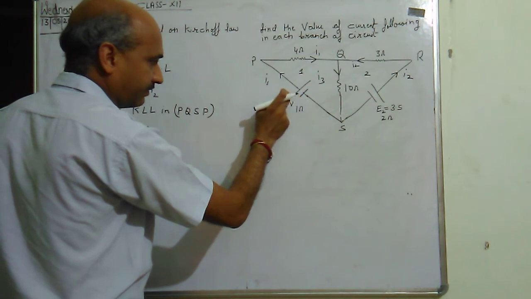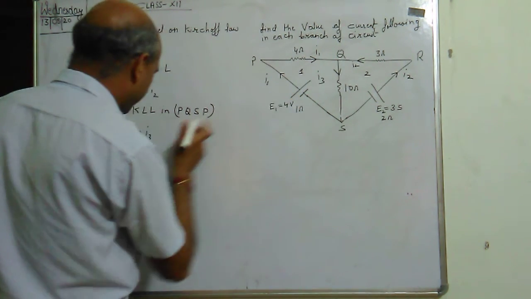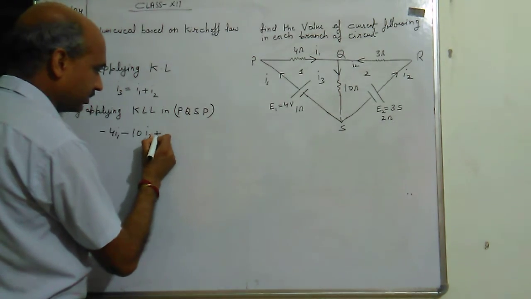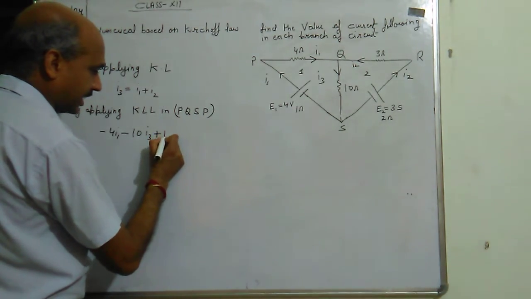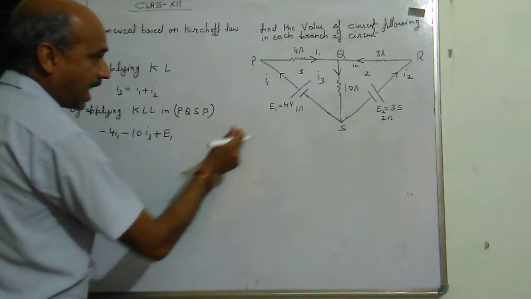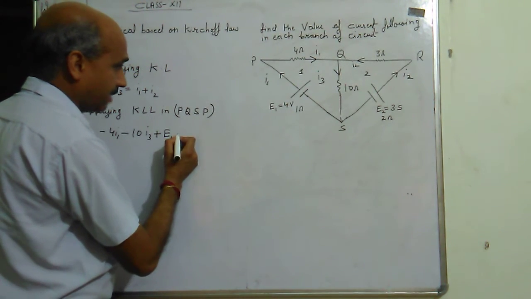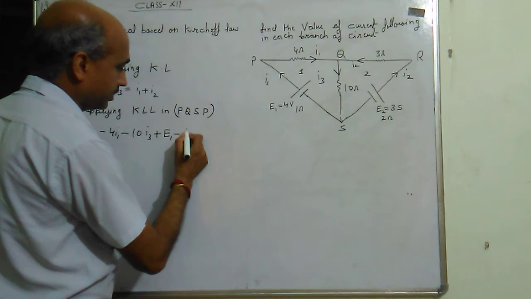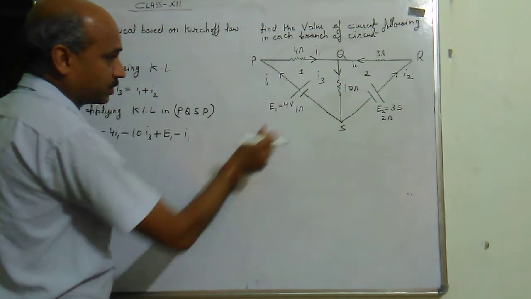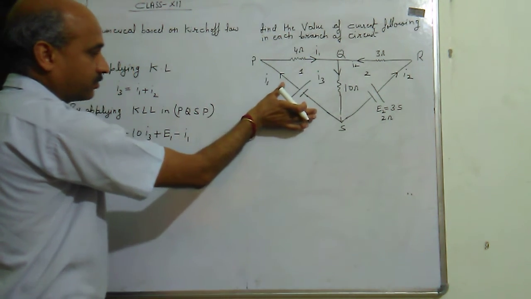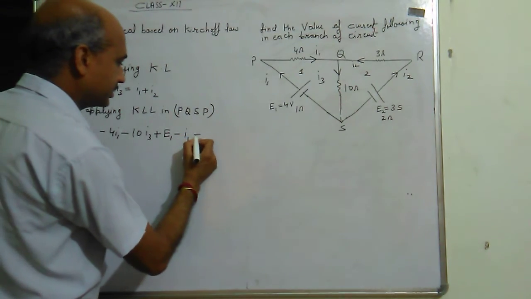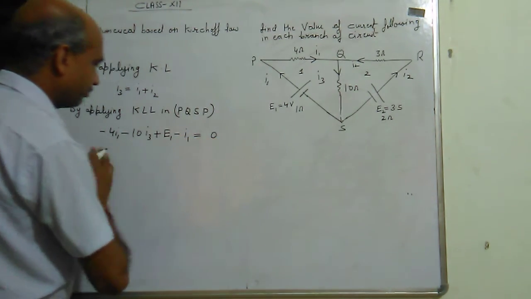Negative to positive means the value of E1 should be taken as positive, and the internal resistance of this battery is 1 ohm, so we have to subtract 1 I1, because the current flowing in this branch is I1, equals 0.